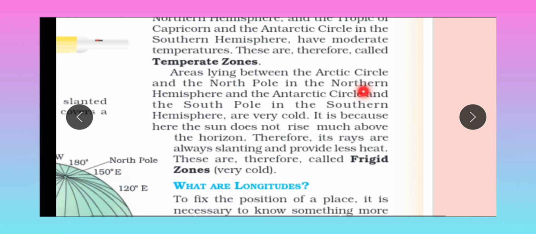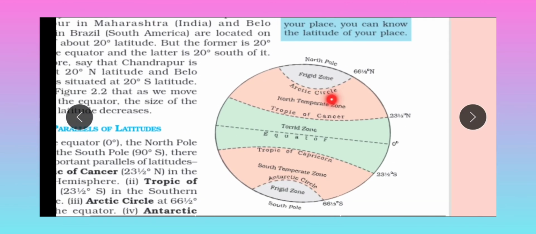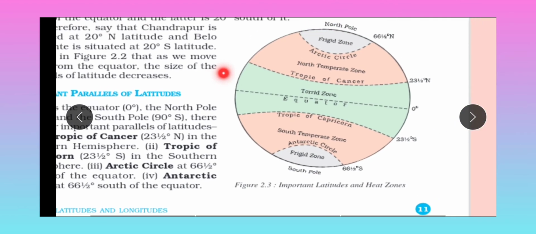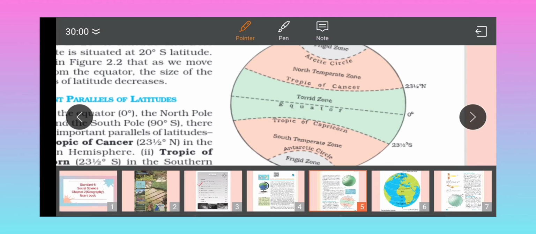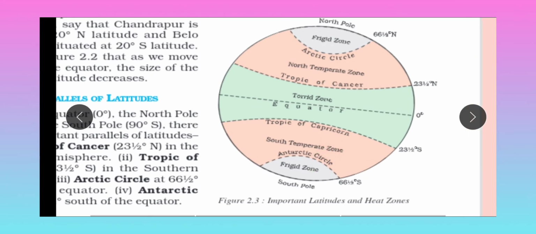These are therefore called frigid zones or very cold zones, okay. So in this frigid zone, too much slant rays of the sun are reaching both zones, that's why it is too cold, that's why it is called the frigid zone.